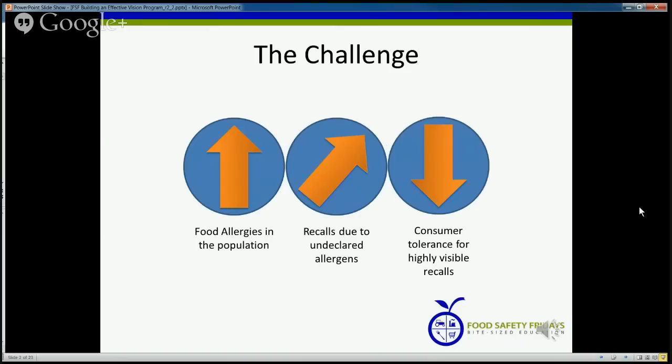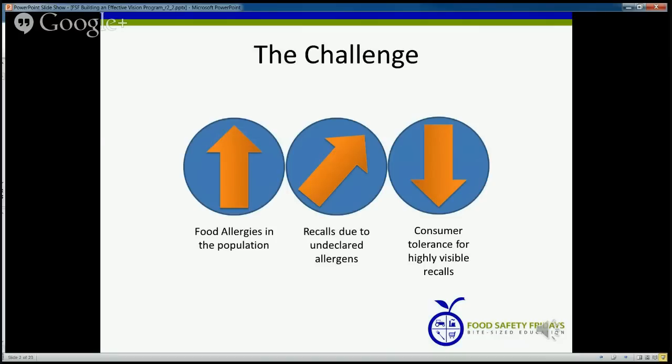So the challenge here, especially from a food safety perspective with regards to vision, as Simon had mentioned, food allergies, a major concern for consumers. So we see food allergies have been on the rise over the past 20 years or so, having just about doubled in the population. Somewhere on the order of 33 million Americans and Europeans together have a food allergy of some sort.